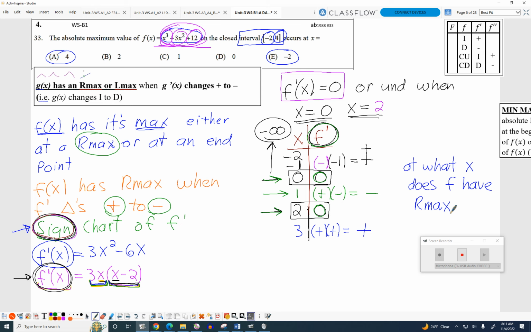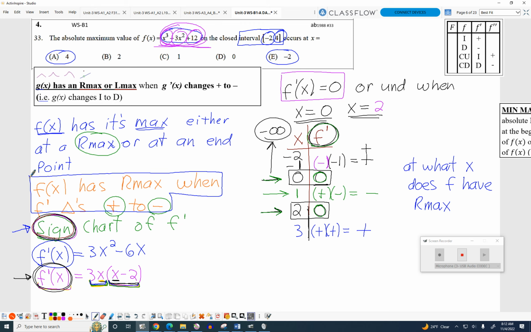Hands up, everybody. Remember the statement right here. This is what's guiding our work. So at what x does f have a relative max? Let's go, Sam. At 1.